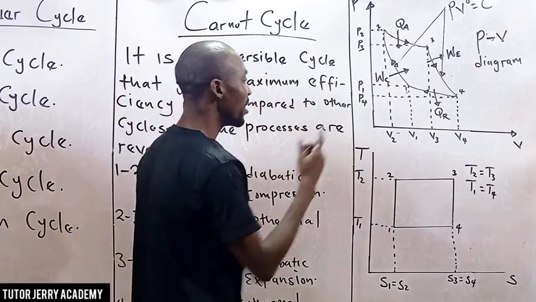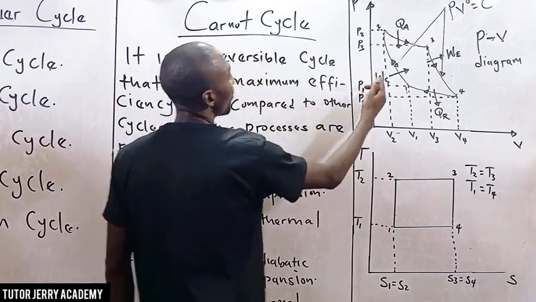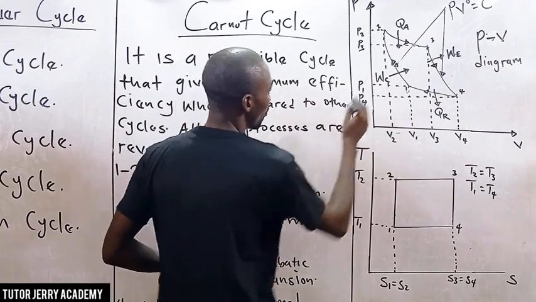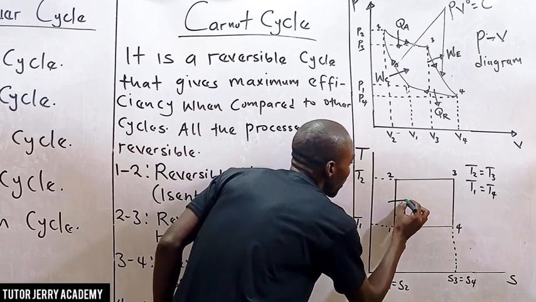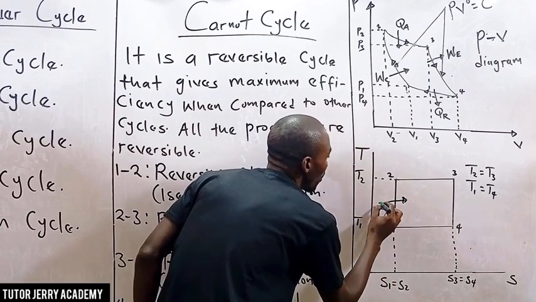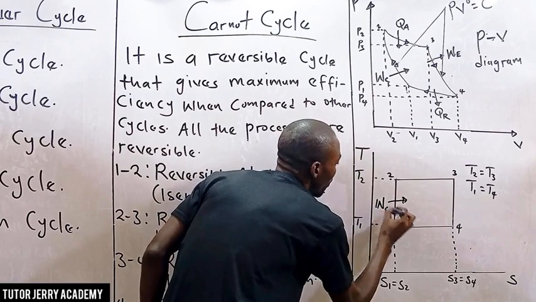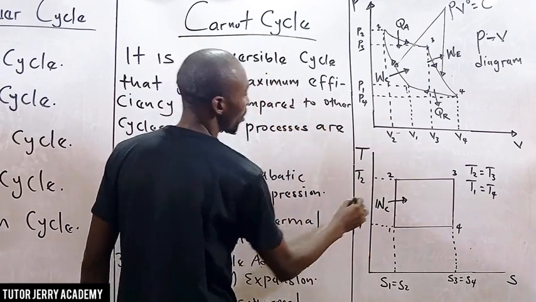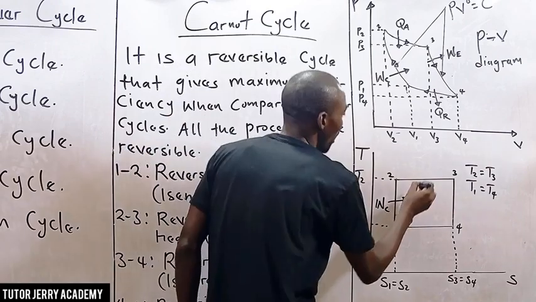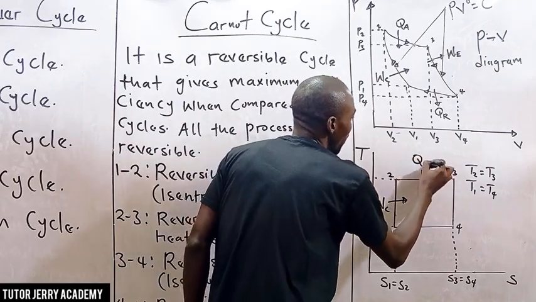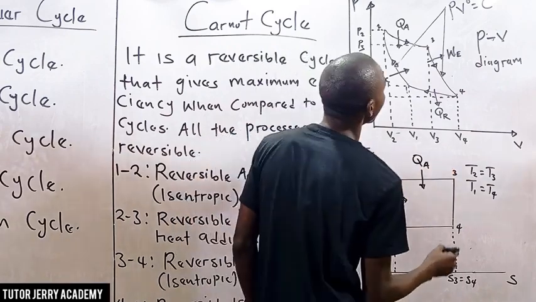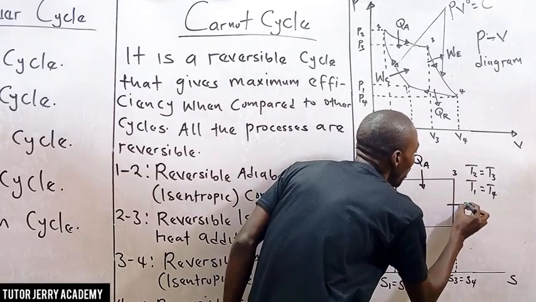All right. Now, the next thing here is let's put our work input. So we said work is done on the engine, so we have an arrow here going inside. So we are going to have work done during the compression process. And we said heat is added, this is QA. And here we have work output.